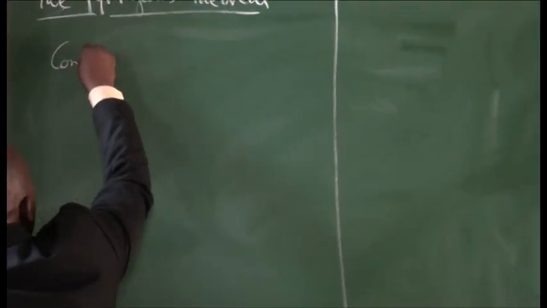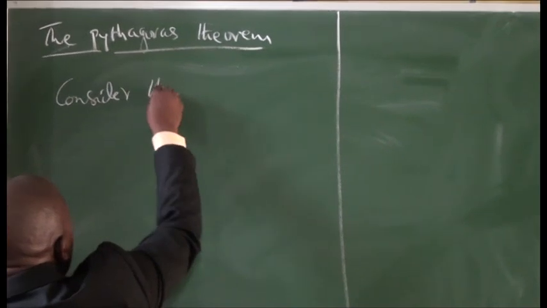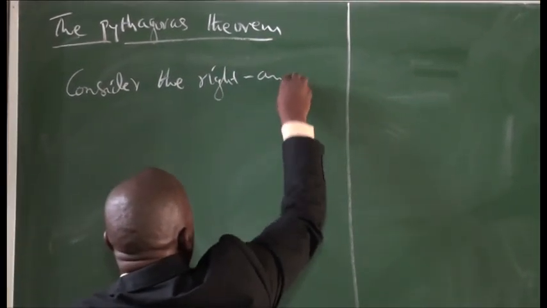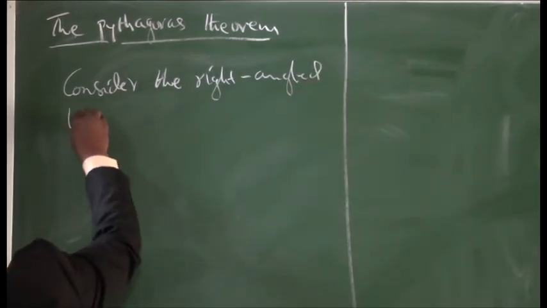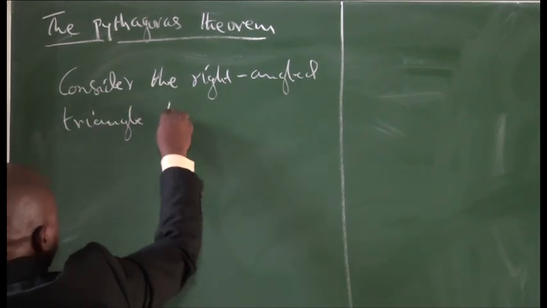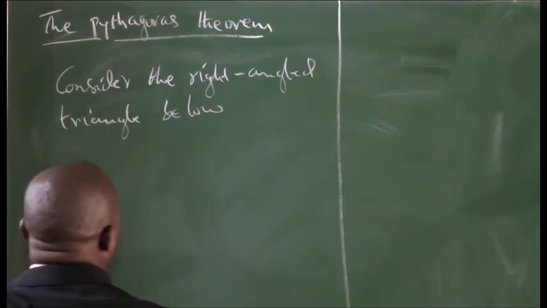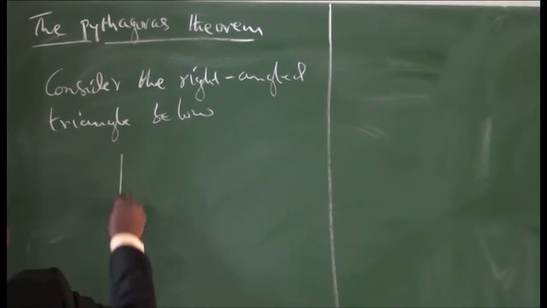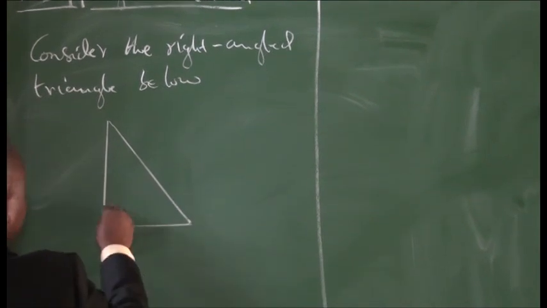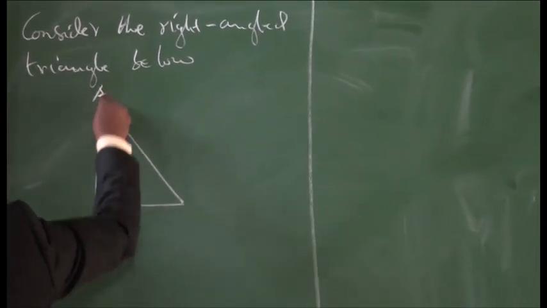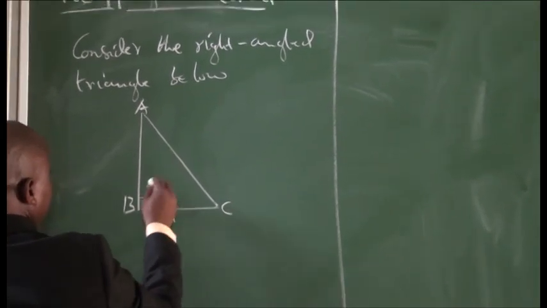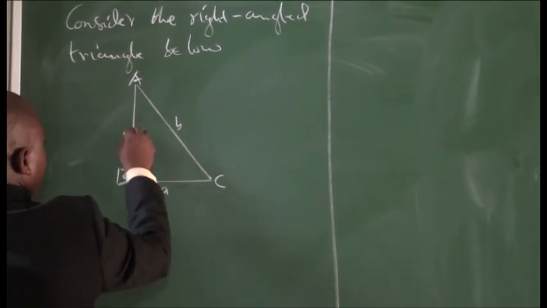Now consider the right-angled triangle below. We have a right-angled triangle ABC, and I have sides A, B, and C.